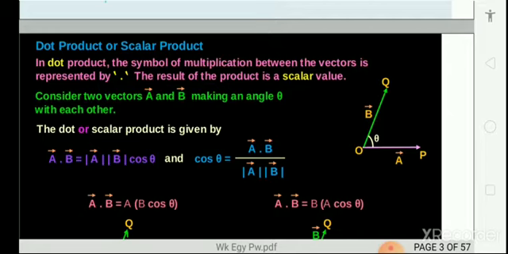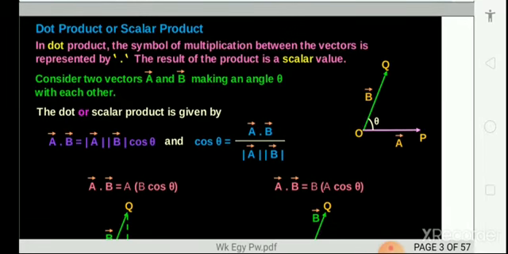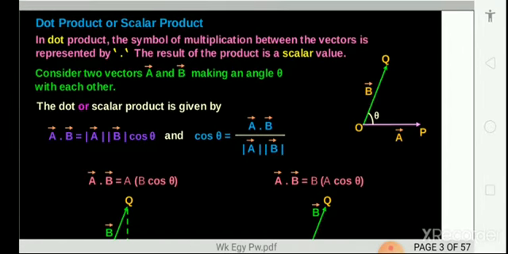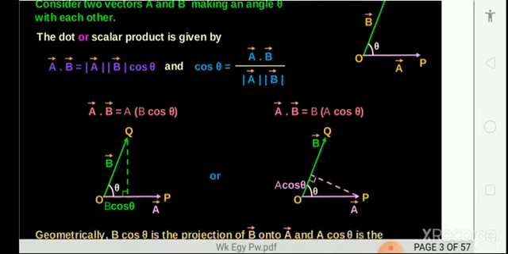The dot or scalar product is given by A vector dot B vector is equal to AB cos theta, where cos theta can be given as A vector dot B vector upon modulus of A vector times modulus of B vector, as you can see on the screen and in the diagrams also.